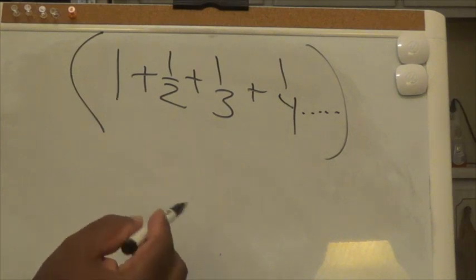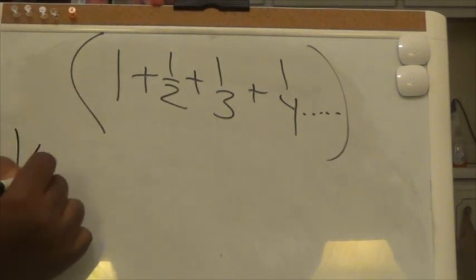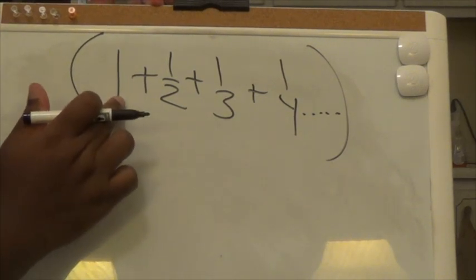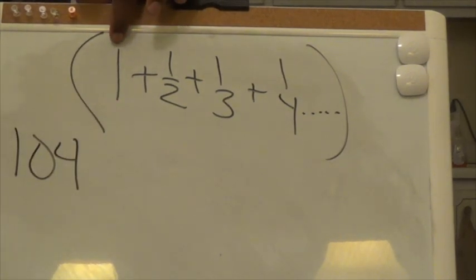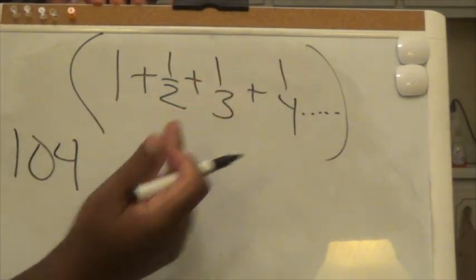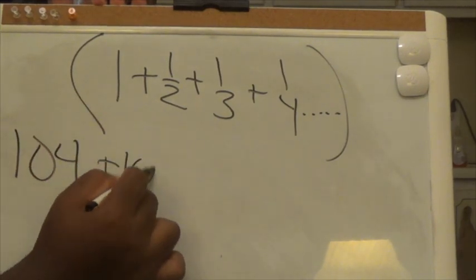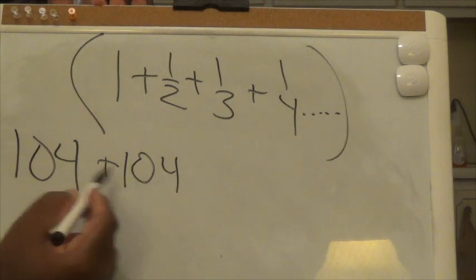Hopefully I've got enough room here. If you have low B flat, which is 104, this number 1 represents your starting point. We want to add this thing in parentheses to this number. So we add 1, which is 104. Then we get 208.